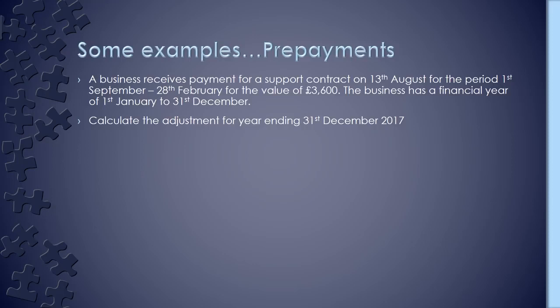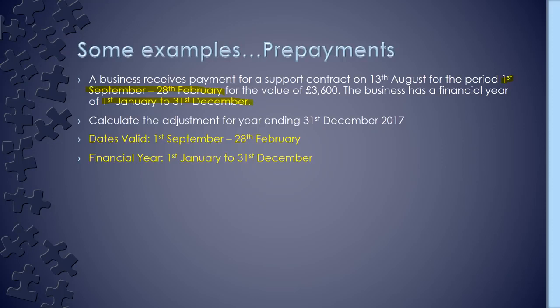So let's have a look at what we know from the question. So we know that our contract is valid the 1st of September to the 28th of February. We know our financial year dates, 1st of January to the 31st of December.